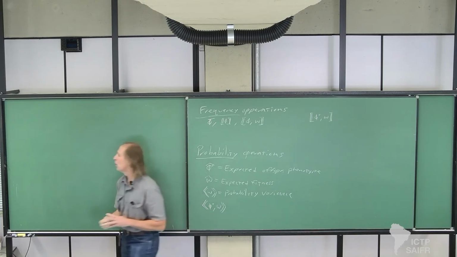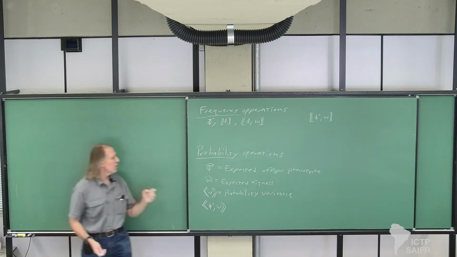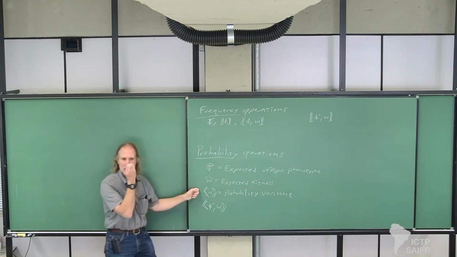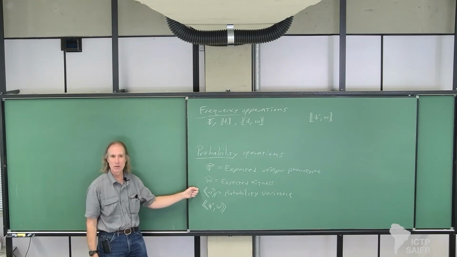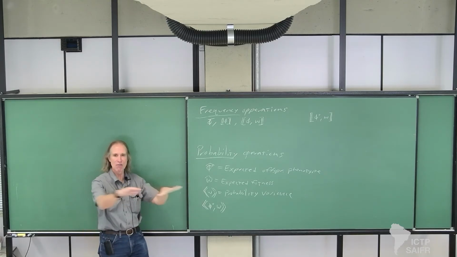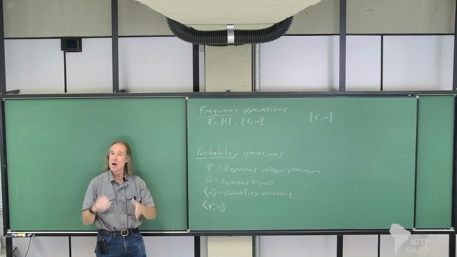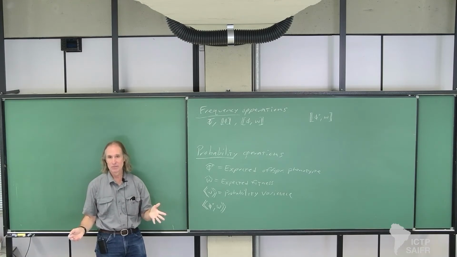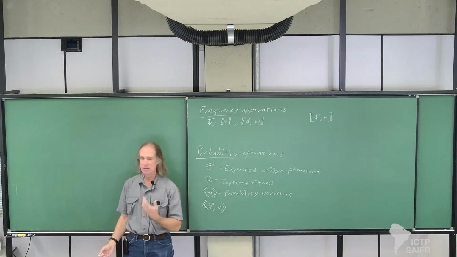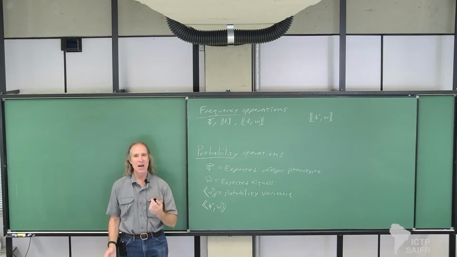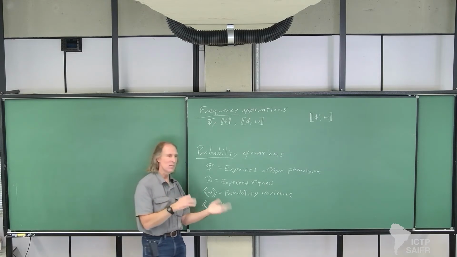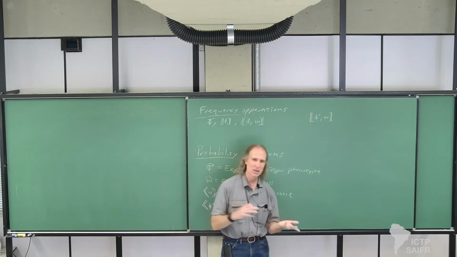So the first one, something can have a frequency mean and a probability mean. Let's take fitness, for example. There's a frequency mean fitness in the population. It's the average fitness of everybody in the population. But that's also a random variable. Every individual has a probability mean fitness. And we could take the frequency mean of that. So we can take the frequency mean of the probability mean or the probability mean of the frequency mean.